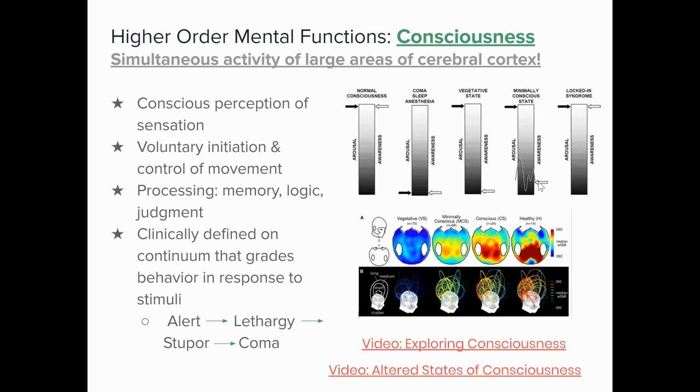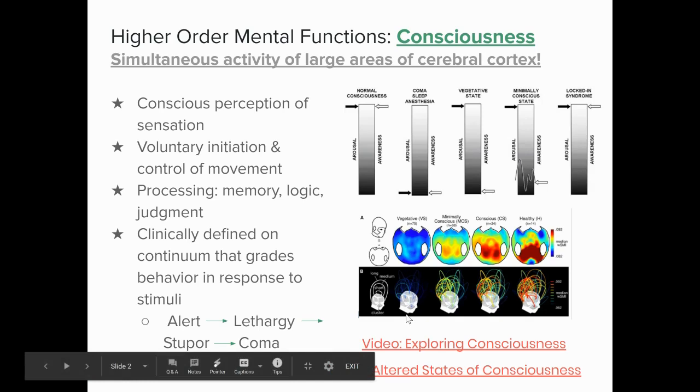And down here, you can see the brain scans. Here's a healthy brain. You can see the activity, conscious. And then here's minimally conscious, so you can see that red is going away. And here's the vegetative state.